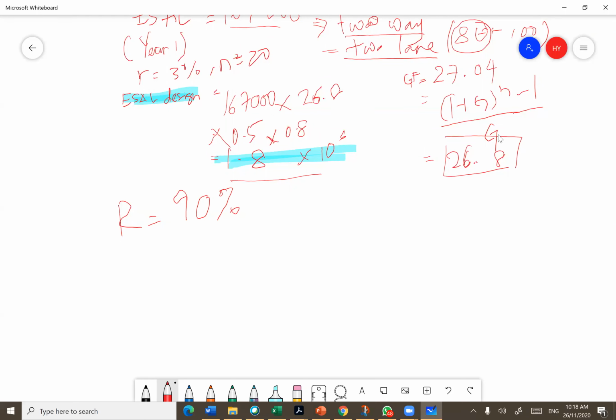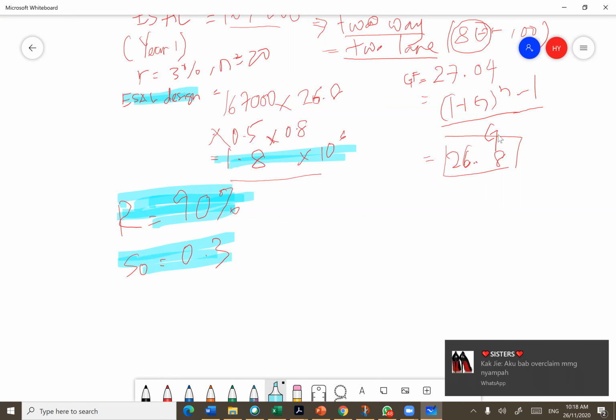What else? Standard deviation. So the standard deviation is 0.35. What else? Serviceability is 4.5.